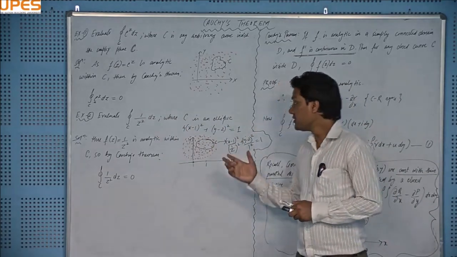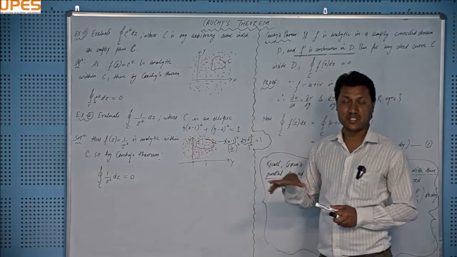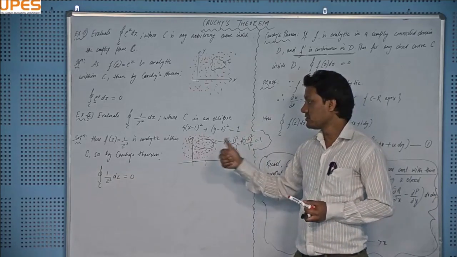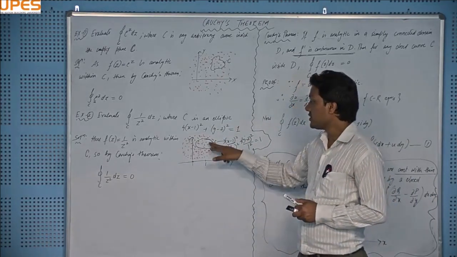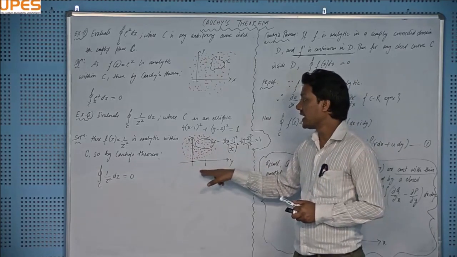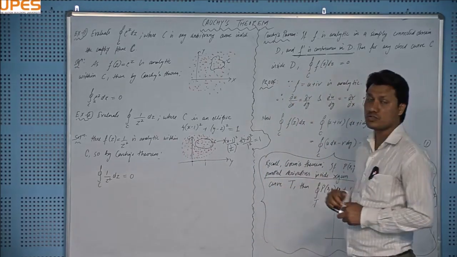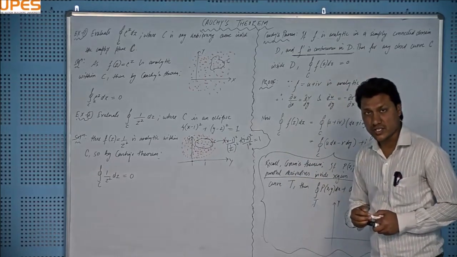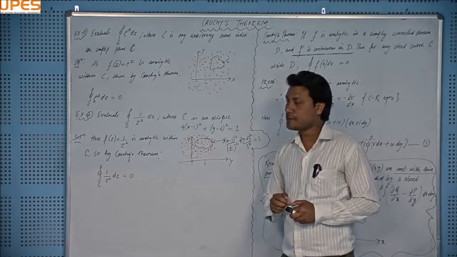Had we given an ellipse of the form x square plus y square equal to 1, centered at origin, and having both axes equal to 1, then what will happen in that case? Your ellipse would be here, and that would enclose the singularity. Then can we use Cauchy's theorem? No, right? This theorem should be modified for those cases when the curve C encloses this singularity.